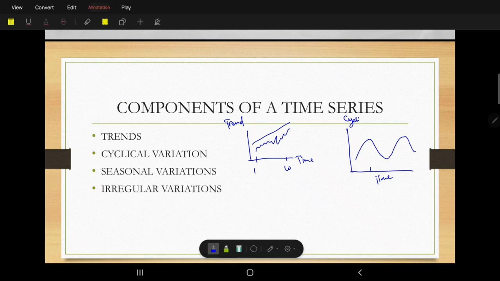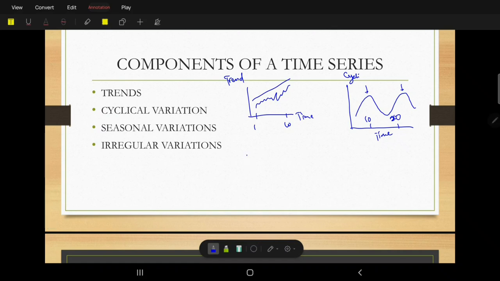Biasanya dia berlaku secara more than 10 years. It's a long period. Ada ups and downs dia. Ni graph cyclical lah. We can see the difference over 10 years.